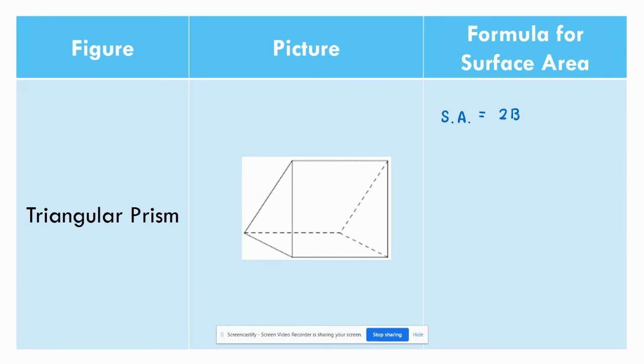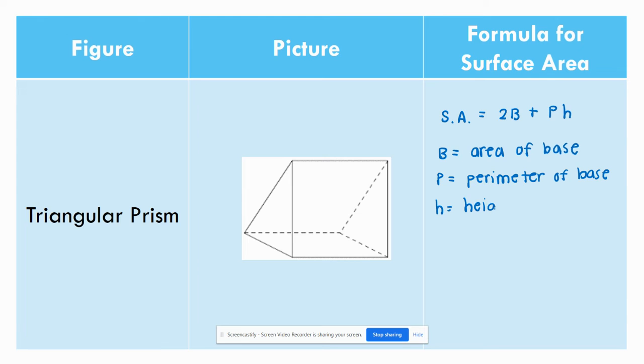It's 2 times area of the base plus the perimeter of the base times the height of the prism. Once again, that big B stands for the area of the base. And so we have to make sure that we can correctly identify the shape of the base. P stands for the perimeter of the base. And then H stands for the height of the prism.